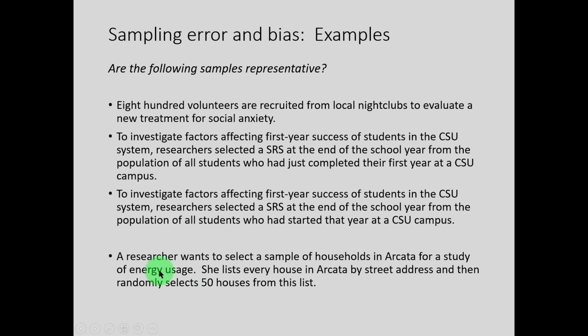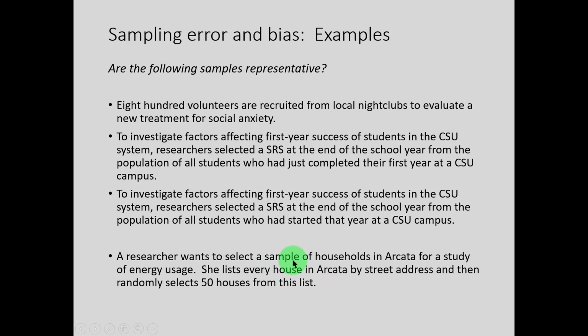A researcher wants to select a sample of households in Arcata for a study of energy usage. She lists every house in Arcata by street address, then randomly selects 50 houses from this list. All right, well, let's see.